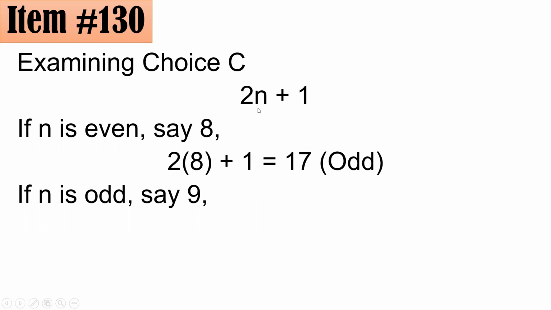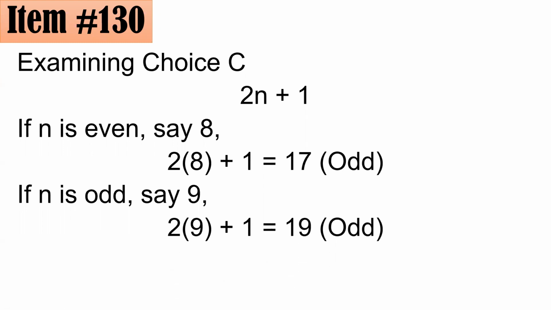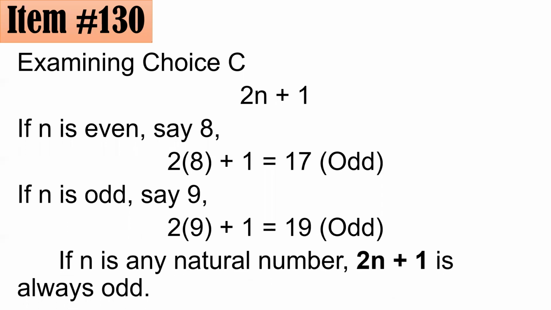If you do the substitution, magiging 2 times 9 plus 1, which is 19 po, which is still an odd number. That's why, if n is any natural number, we are sure that the number of the form 2n plus 1 is always an odd number. So, tama nga po yung ating letter C.